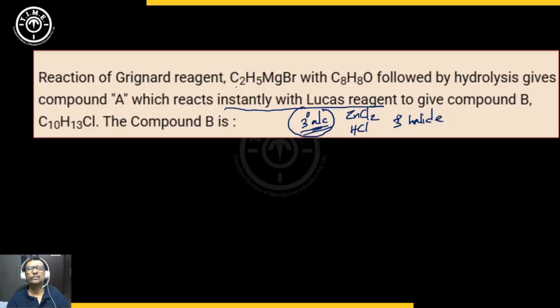Now, this is C2H5, that is the R portion of the Grignard reagent, and this is C8H8O, and look at how many carbons are there, 10 carbons are there, 2 from here and 8 from there, 5 hydrogens and 8 hydrogens, so 13 hydrogens there, clear, and then a Cl there. So, here we have options, so let us look at the options. Now, where is the tertiary alkyl halide? This is primary.